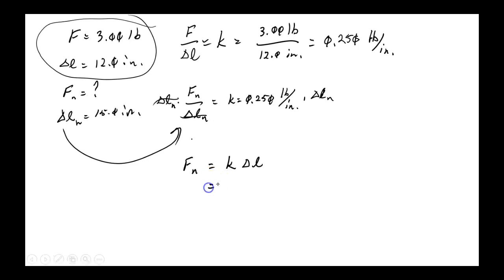So now we plug. K is 0.250 pounds per inch that we calculated, same spring, same constant, okay, times your delta L. This time the delta L was 15.0 inches. The inches cancel out. That's why it doesn't matter whether we have feet or inches.